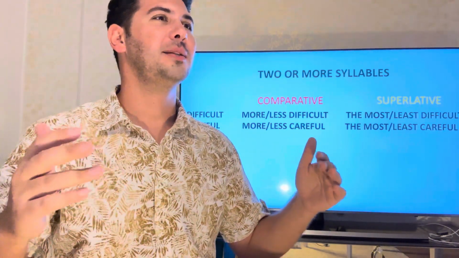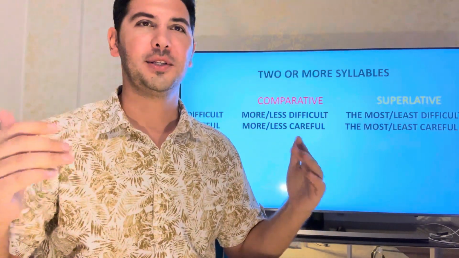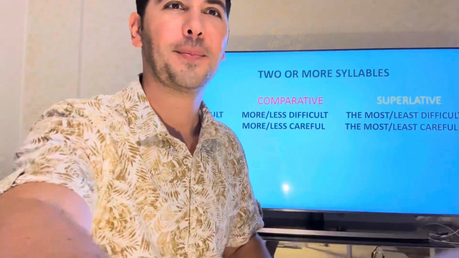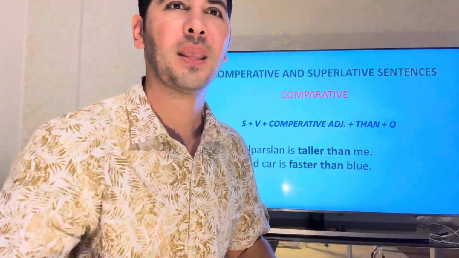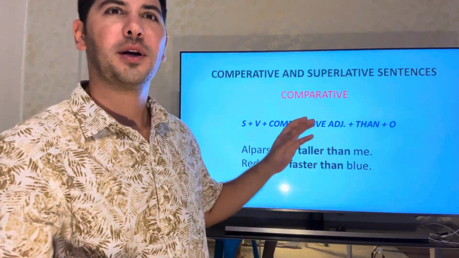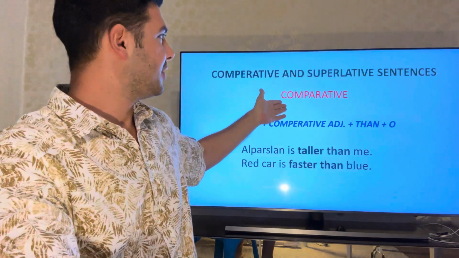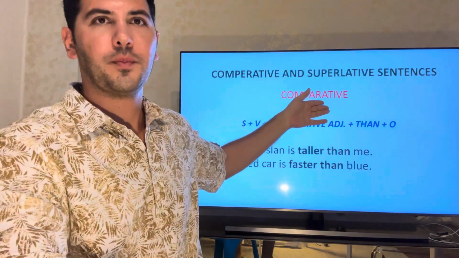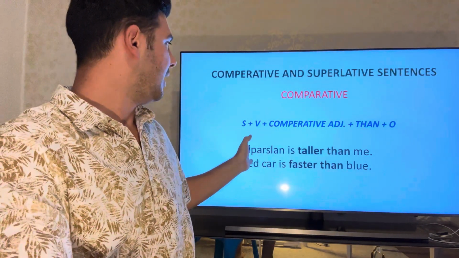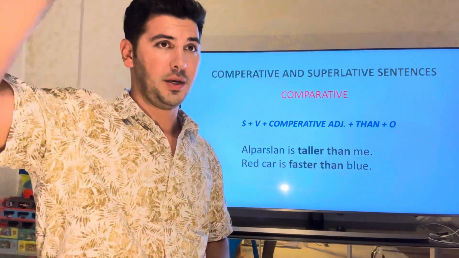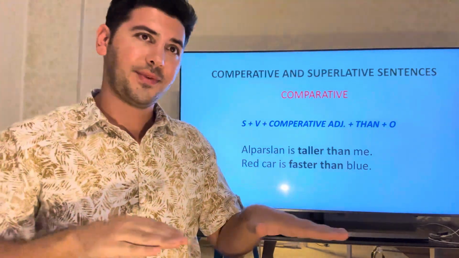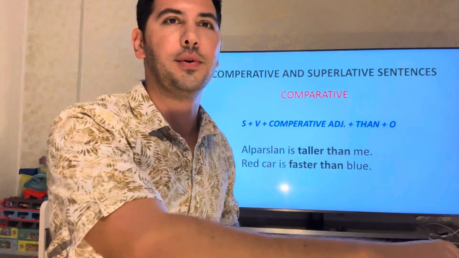So, how do we build comparative and superlative sentences? The pattern for comparative sentences is as follows: subject, verb, comparative adjective, then objective. For example, Alparslan is taller than me. Red car is faster than blue.